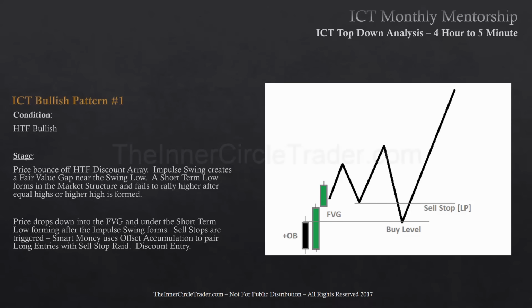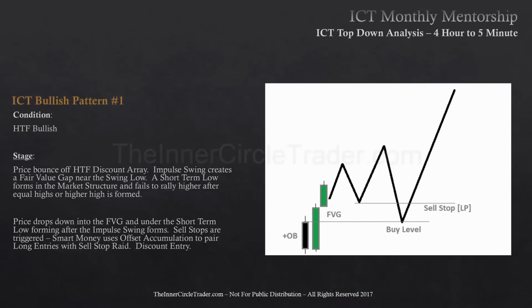All right, the first one is an ICT bullish pattern number 1. Okay, and the condition is the higher time frame has to be bullish. And the stage or the setup is price is going to bounce off of a higher time frame discount array. An impulse swing creates a fair value gap near the swing low.